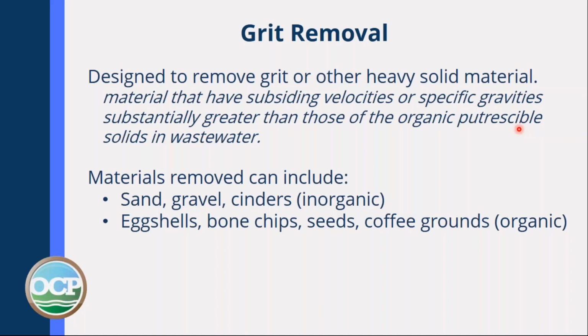The things that are usually removed in a grit removal system, of course, we have our inorganic material: sand, gravel, silt, cinders if you've got coal fires, and organic material: eggshells, seeds, coffee grounds, bone chips, anything else that you might flush down the sink that doesn't get caught in the grinder in your home.